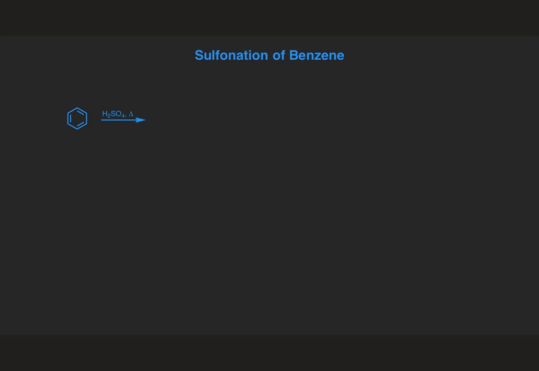In the sulfonation of benzene, we are going to replace a hydrogen with an SO3H group, like so. And just like all the other electrophilic aromatic substitution reactions, the first thing that we need to do is generate a strong electrophile.